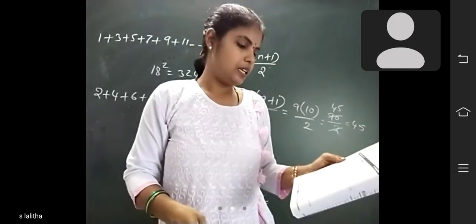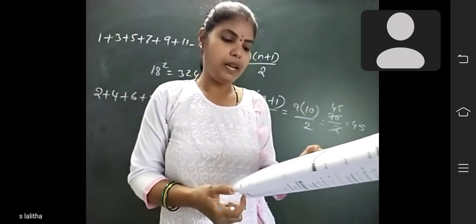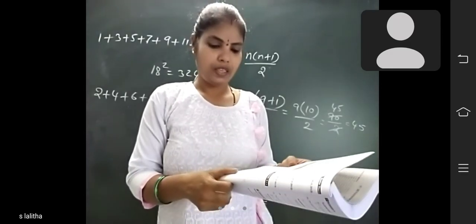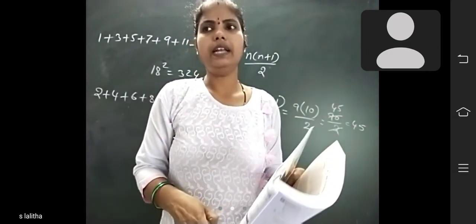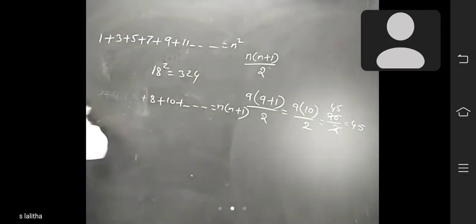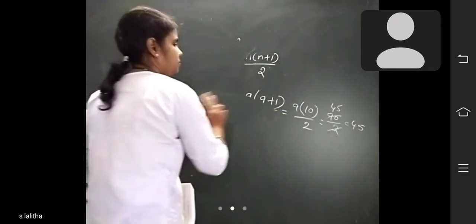Okay. Next, if n is odd, there are n plus 1 by 2 odd numbers and n minus 1 by 2 even numbers. That means if you take any odd number, suppose 99 is there.